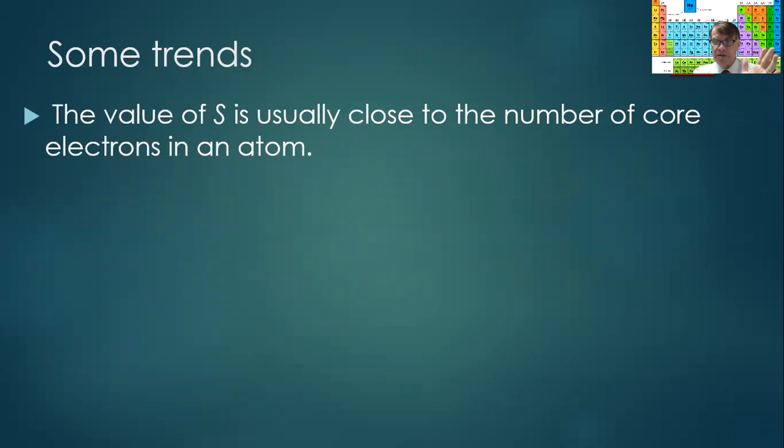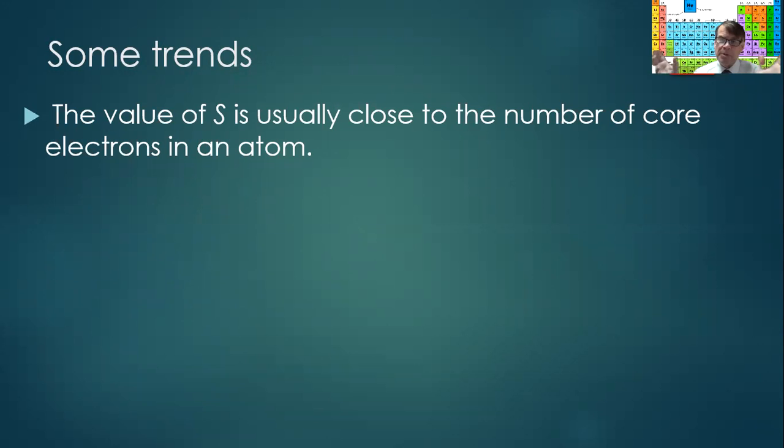So there are some trends in the periodic table. What's this chapter on? Periodic properties of the elements, right? So the value of the screening constant is usually close to the number of core electrons in an atom.